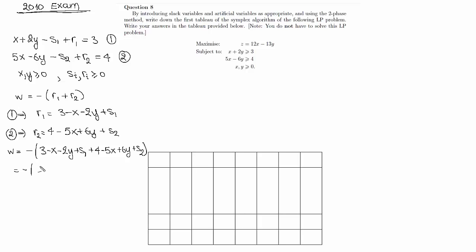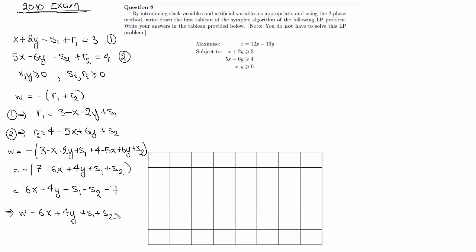So we have 7 minus 6x plus 4y plus s1 plus s2. And this will be 6x minus 4y minus s1 minus s2 and minus 7. And when we input this in the tableau, we'll input it in the form w minus 6x plus 4y plus s1 plus s2 equals minus 7.